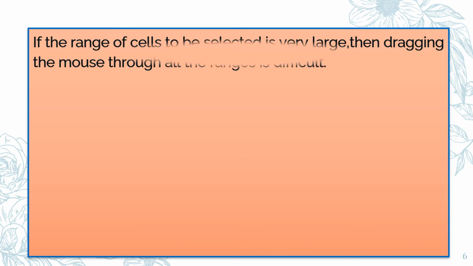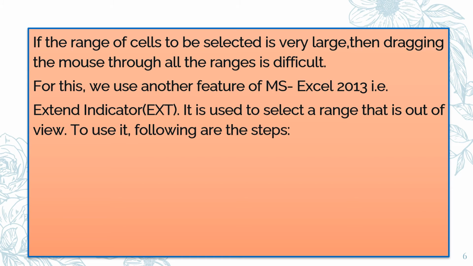In order to select the out of view range of cells, you need a special feature of MS Excel when the range of cells to be selected is very large and dragging the mouse through all the range is difficult. For that purpose, we need another feature of MS Excel 2013, that is extend indicator. This is used to select a range that is out of view.